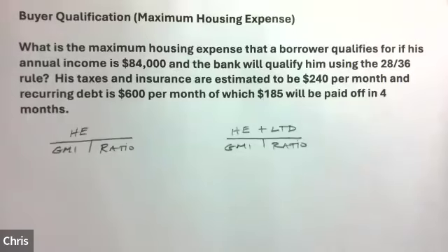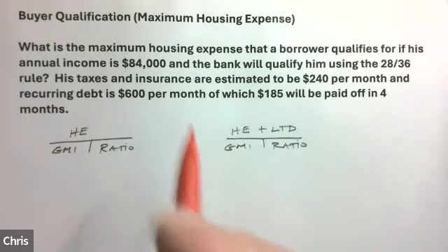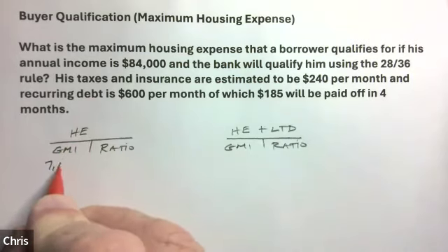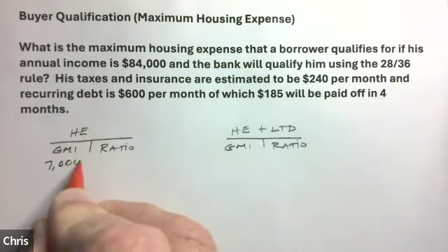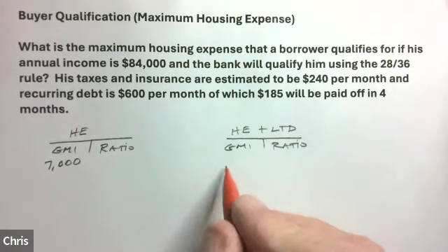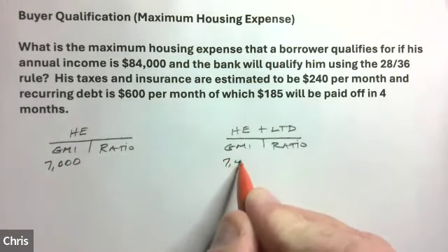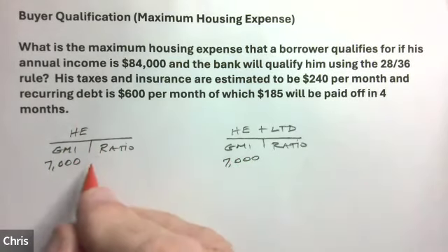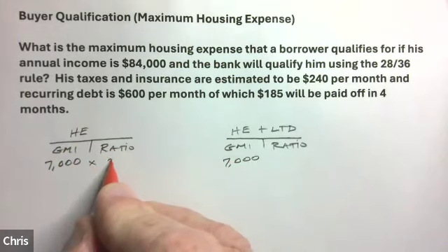And then we start plugging things in, hope something good happens. His annual income is $84,000. By this point, we know where that goes. We divide it by 12 equals $7,000, and that's our gross monthly income. So boom, boom, we're in good shape. Ratios are 28:36. By this point, we know what to do with those.